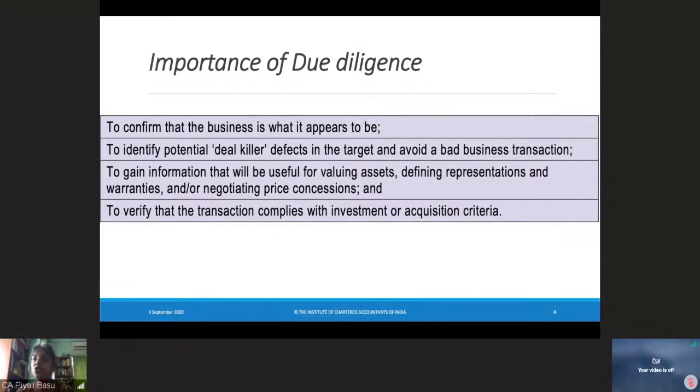It has to be told to the firm who would be doing the due diligence that these are the things which we are looking for. And please, when you give your report and your opinion, keep in mind these considerations and our criteria. Okay, so those things are important from the member's point of view.